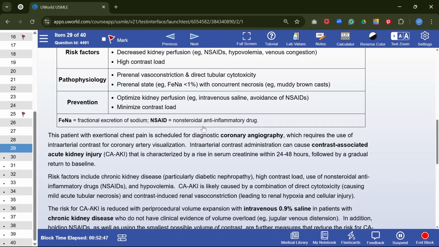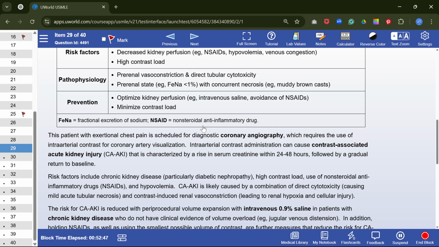Contrast associated AKI. This patient with exertional chest pain is scheduled for diagnostic coronary angiography, which requires the use of intra-arterial contrast for coronary artery visualization.